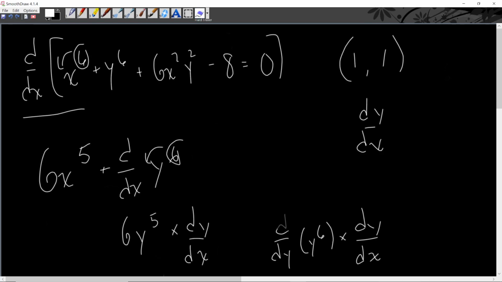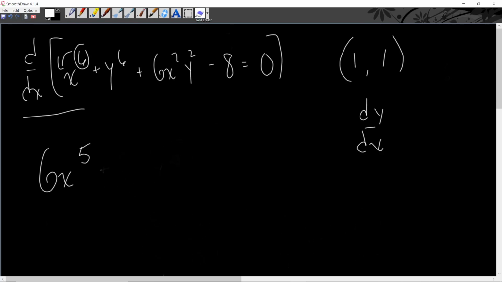And now from here, we have 6x to the power of 5 plus 6y to the power of 5 dy dx. Then we have a nice product rule to do.